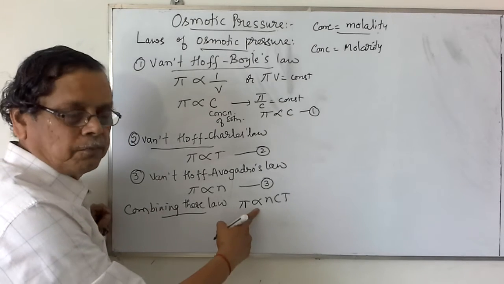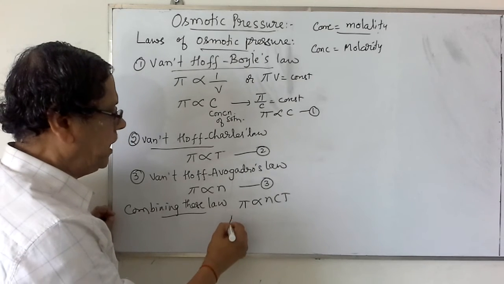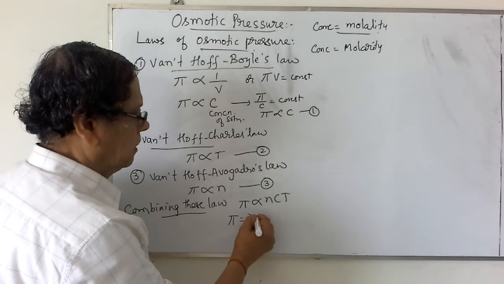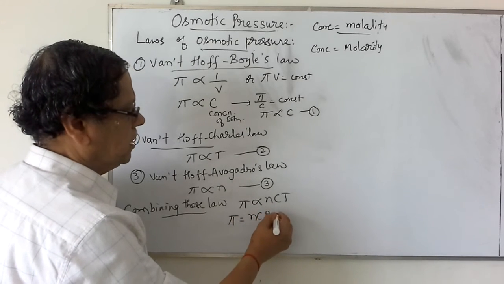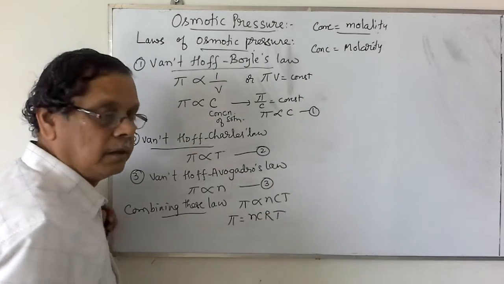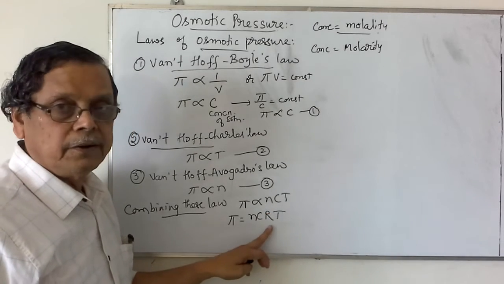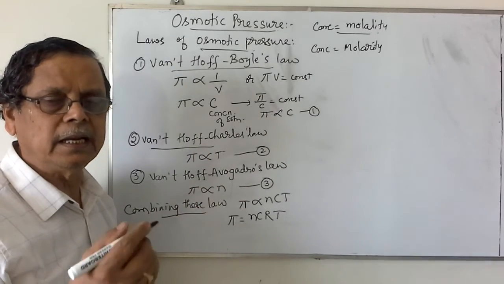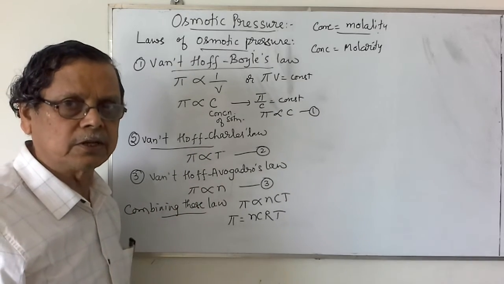Here, to remove this proportionality constant, we write pi is equal to nCRT, where R is actually the same as the ideal universal gas constant.